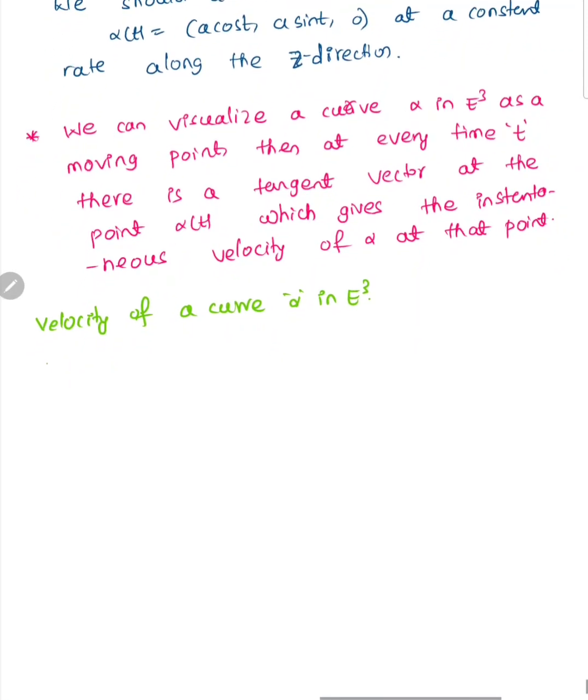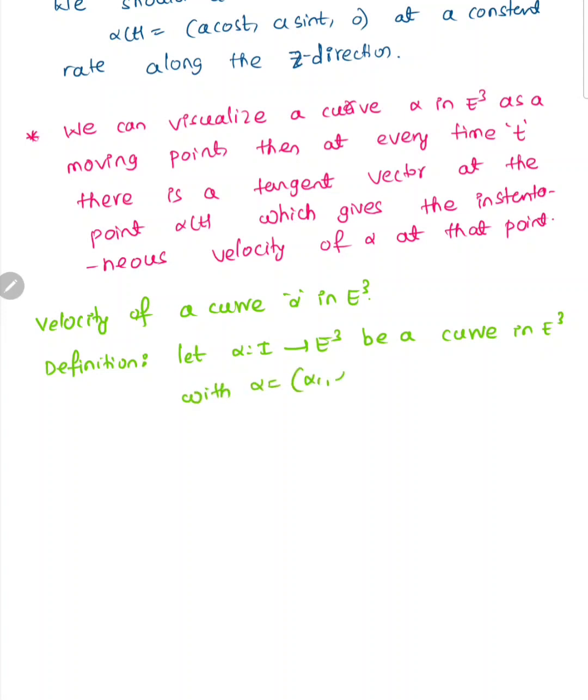The definition says we should have a curve. So let alpha from I to E3 be a curve in E3 with the point alpha as alpha equal to alpha 1, alpha 2, alpha 3.